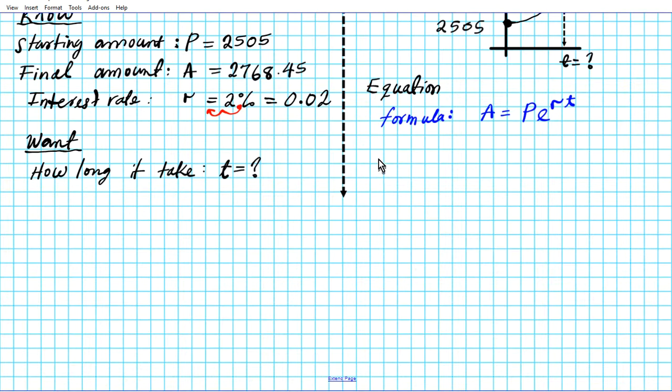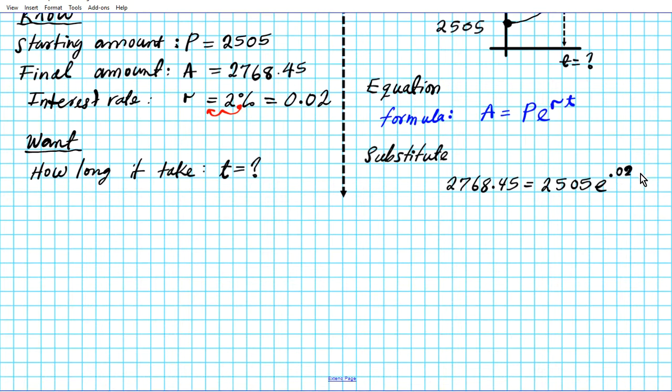Now we're going to go ahead and substitute. We're going to substitute our known and want into the equation. If we carry out the substitution, we're going to have the amount A is $2,768.45 equals the principal, which is 2505 times the irrational number e raised to the rate. 2% is equivalent to 0.02.